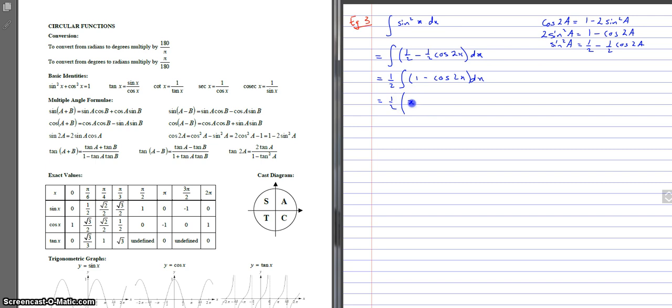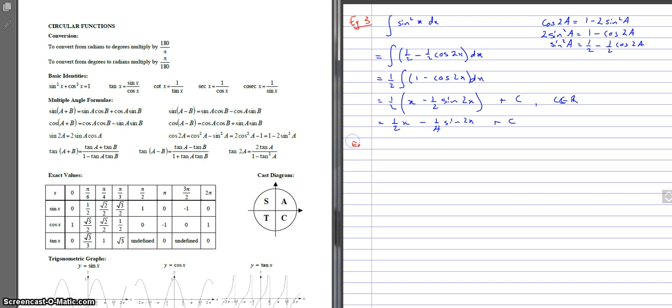That just gives us x, and this will be minus 1/2 sine 2x, plus a constant of integration. Clearly we can make that 1/2 x minus 1/4 sine 2x plus c.